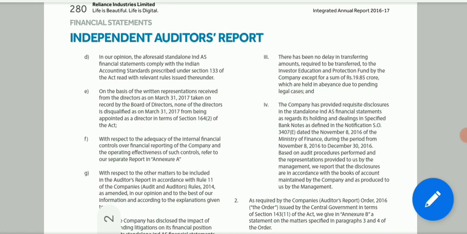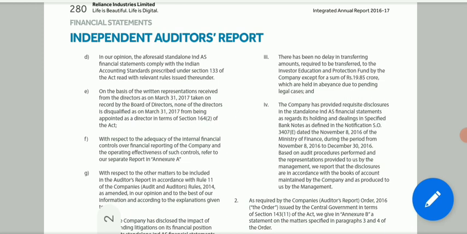But if it is greater than 1 crore, then CARO 2016 will be applicable. The second condition was that borrowing should be less than 1 crore, and the third condition was that turnover should be less than 10 crore. But if any one condition exceeds its limit, then CARO 2016 will become applicable.